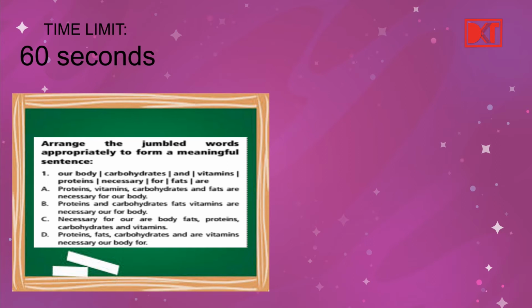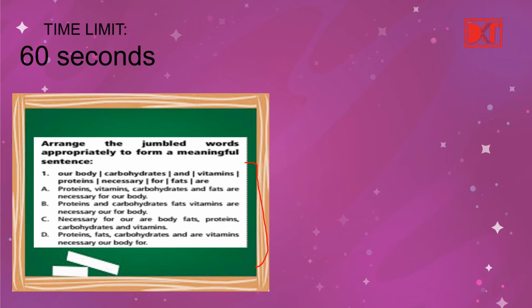Alright, so now we start off with our questions on jumbled words. This one says, arrange the jumbled words appropriately to form a meaningful sentence. The words are: a body, carbohydrates, and vitamins, proteins, necessary for fats are.